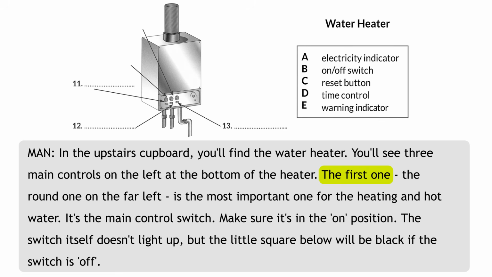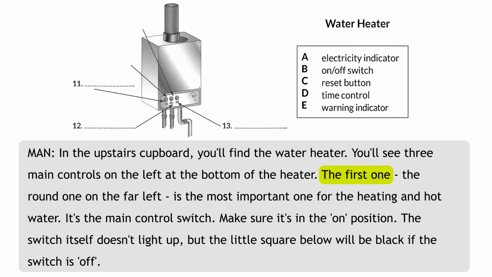Still, there is no answer. So you see that it is delayed, all right? It has not talked about the button here, the round one. Now, we should just wait it out and listen more.